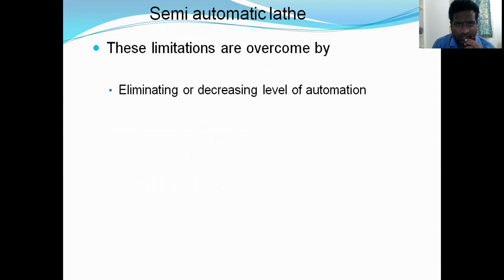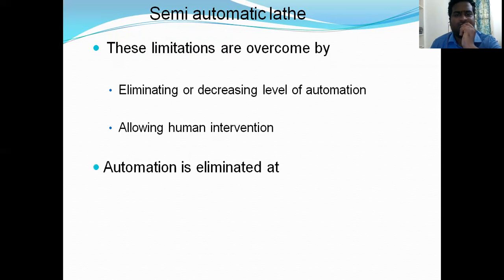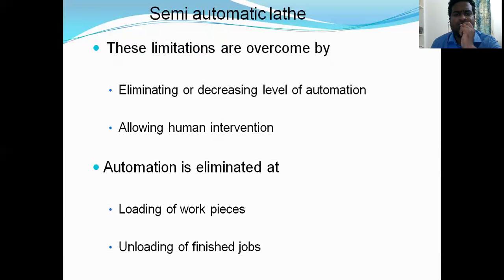To overcome all these points, we developed the semi-automatic lathe, eliminating or decreasing the level of automation and allowing human intervention. In automatic lathe, there is no human intervention, right? But in semi-automatic lathe, we allow human intervention and decrease the level of automation. Automation is eliminated at the loading of workpieces and unloading of finished jobs.